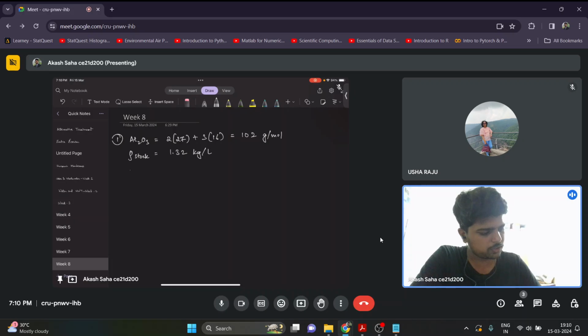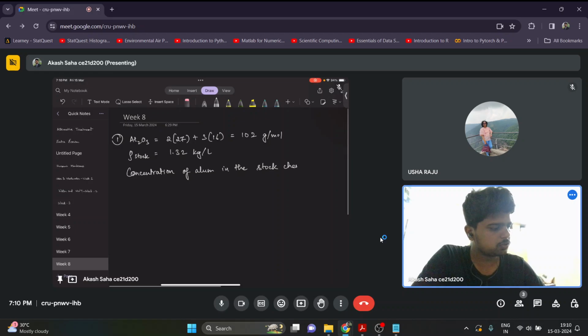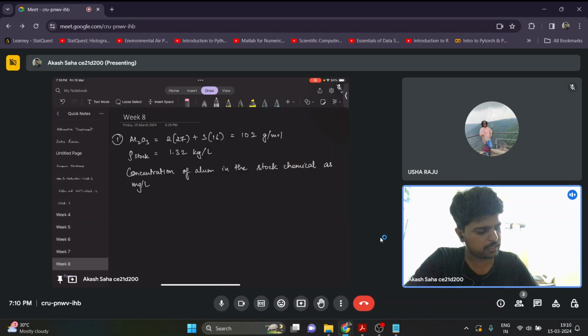So first we will find out the concentration of alum in the stock, as milligram per liter of Al2O3.